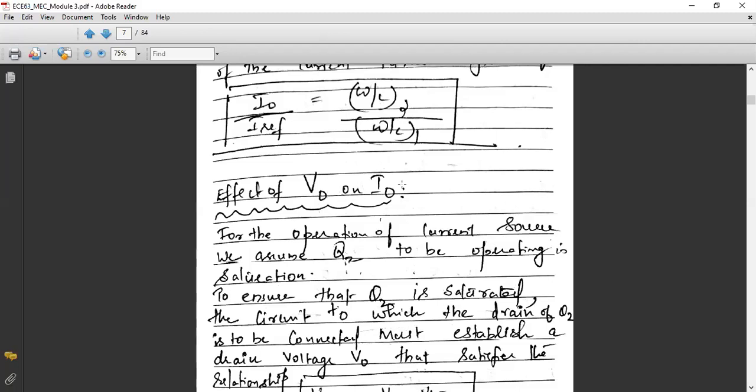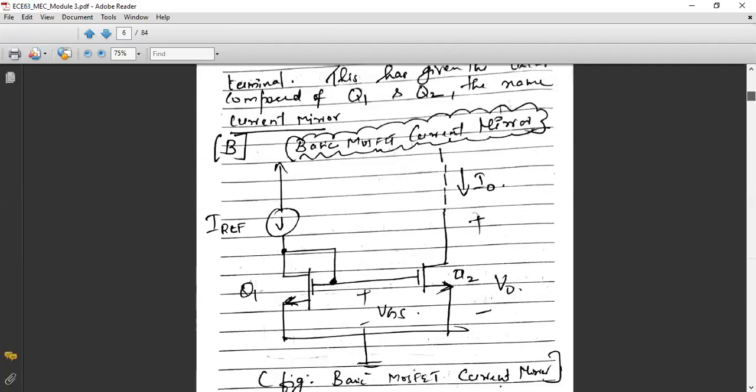That is known as the effect of V0 on I0. So you need to find an equation connecting V0 and I0, and from that equation, we will check what kind of variations will happen in I0 based on V0. V0 is the output voltage, and I0 is the output current.